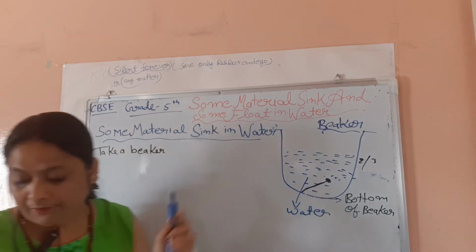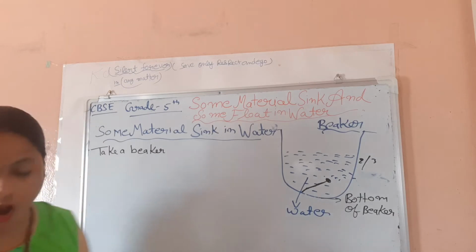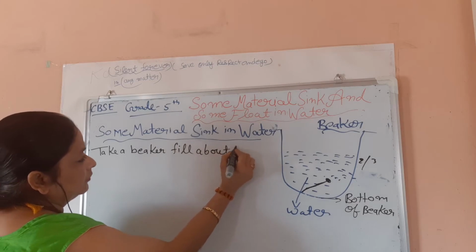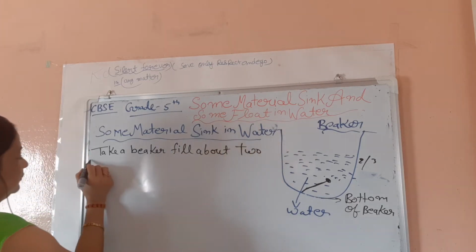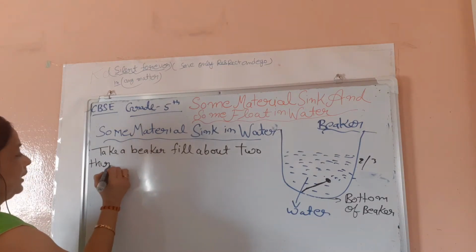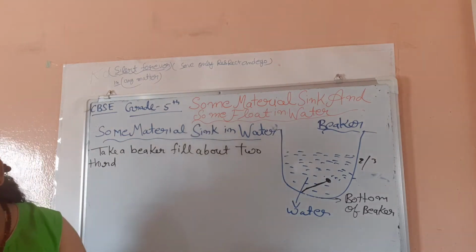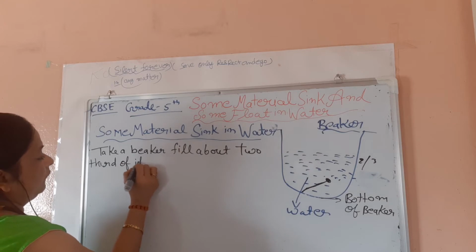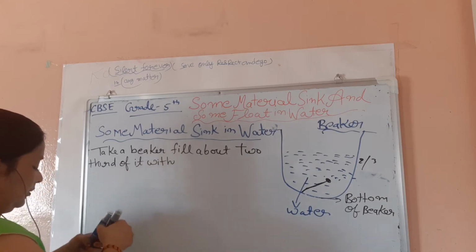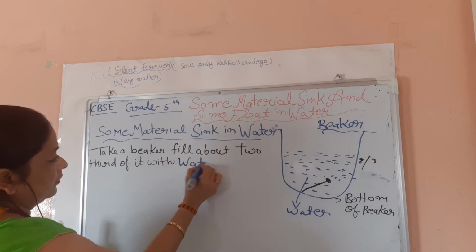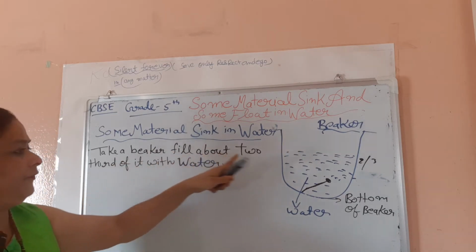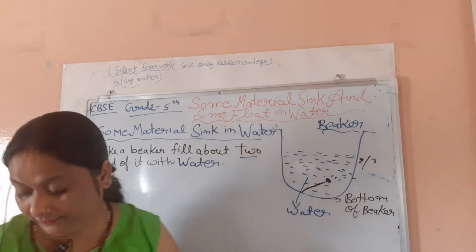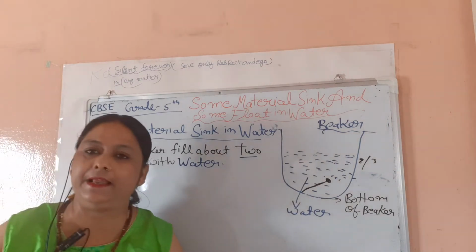Fill about two-thirds of it with water, and then drop an iron nail in it.